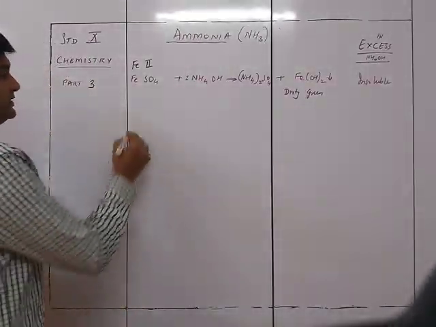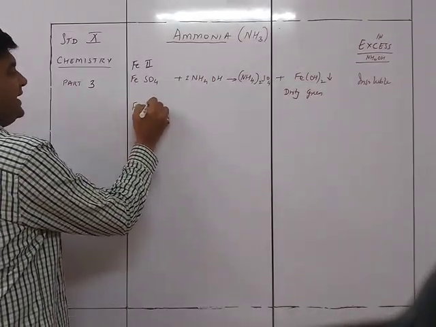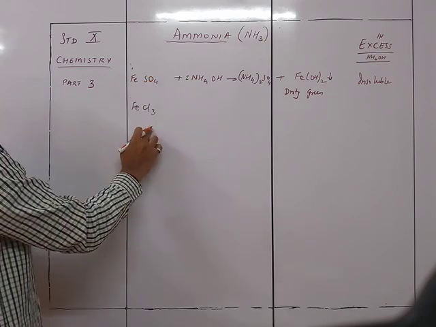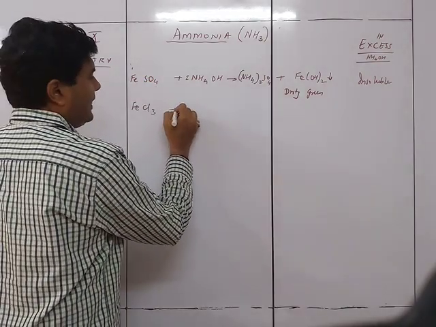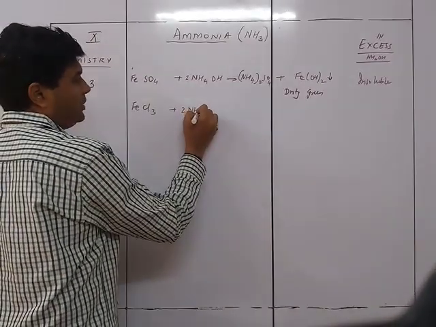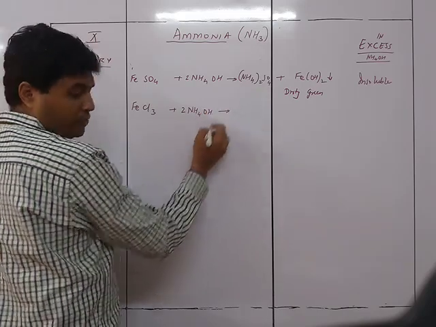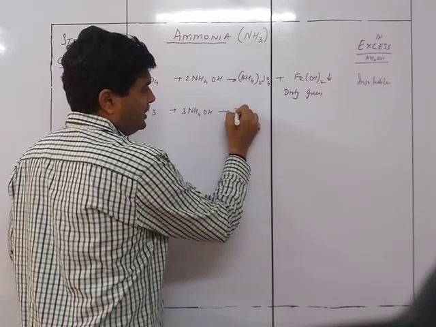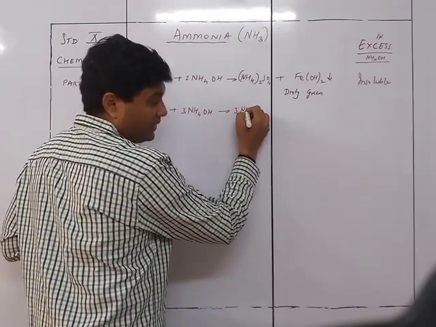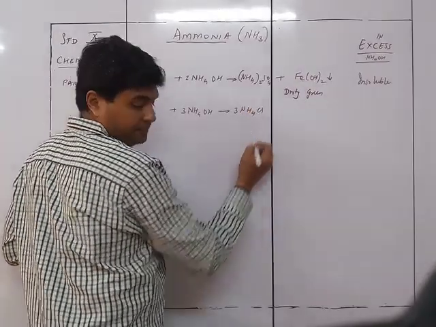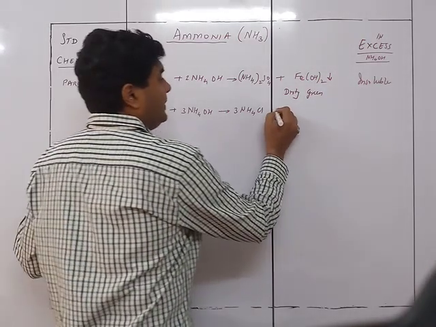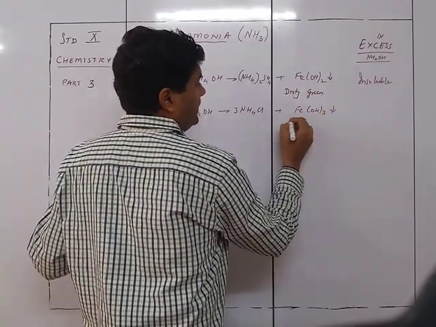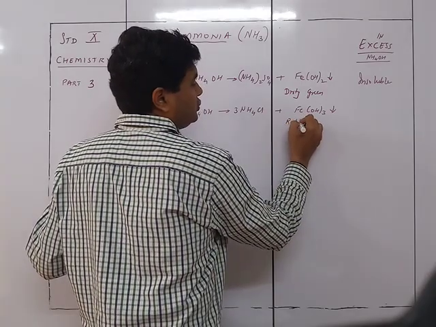The next one is FeCl3, that is ferric. This was ferrous, this is ferric. FeCl3 plus 3NH4OH gives 3NH4Cl plus Fe(OH)3 as a precipitate, which will be reddish brown.